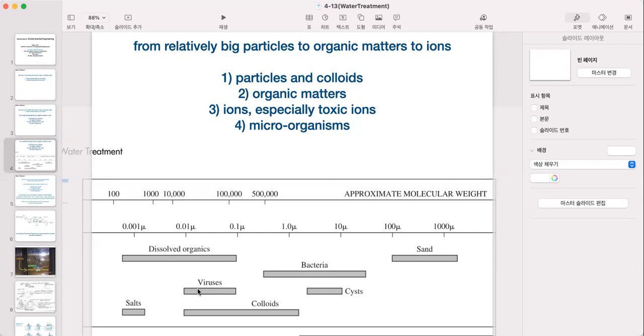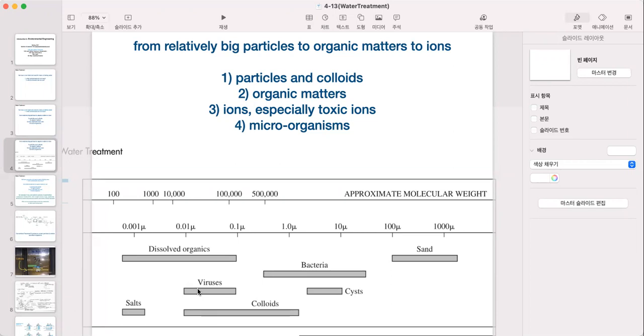Bicarbonate is not toxic either. So the major components of ions in Nakdong River are sulfate, phosphate, and bicarbonate. Those are not toxic at all, so we don't have to remove them. Nakdong River has a high concentration of them, but you don't have to worry about it. We don't have to worry about removing everything.